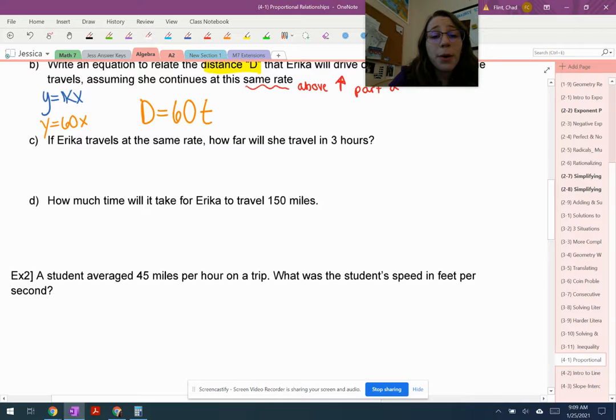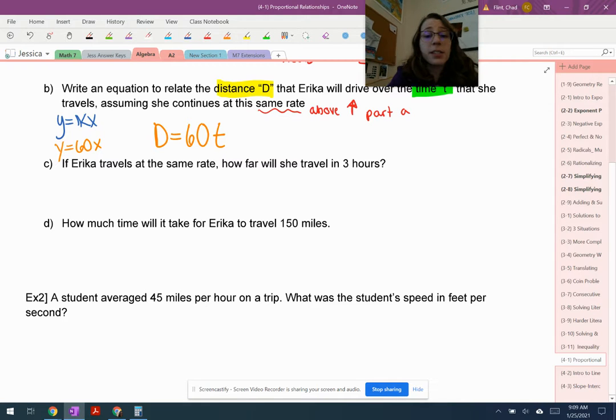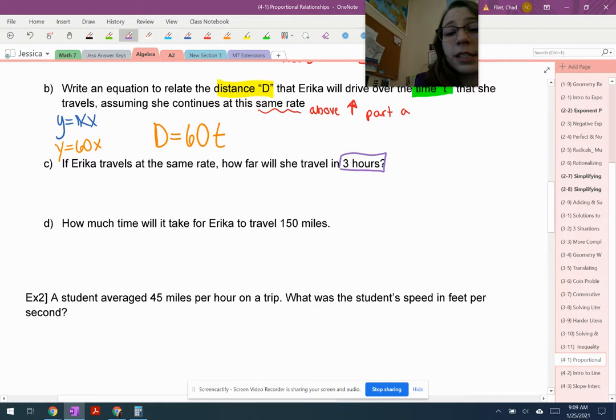But instead, they asked me specifically to use those variables d and t, so I needed to do that. So now I can use that equation that I created to answer some of these questions below. If Erica travels at that same rate, how far will she go in 3 hours? Well, when they give us 3, is 3 a d value or is 3 a t value? 3 is not a distance, it is a time, so 3 is a t value. And that makes sense because they're asking us about the distance.